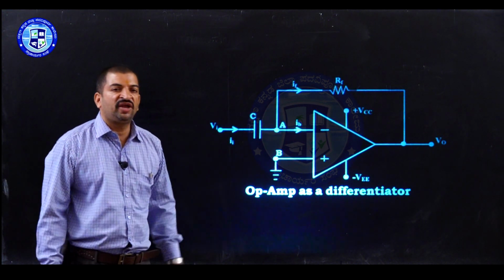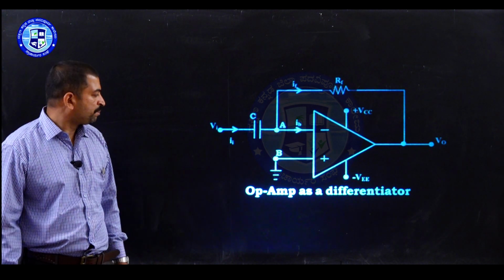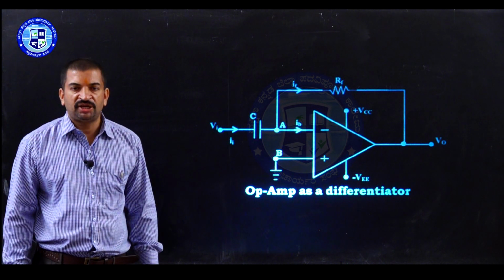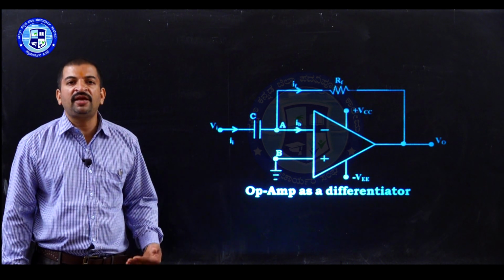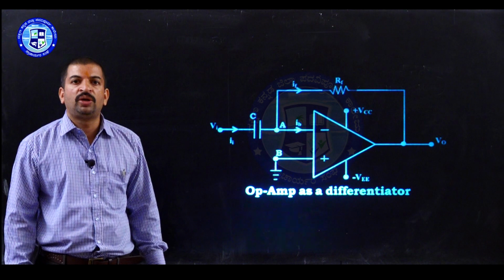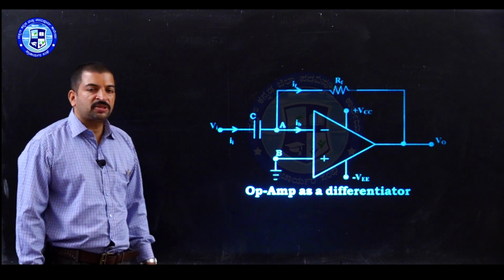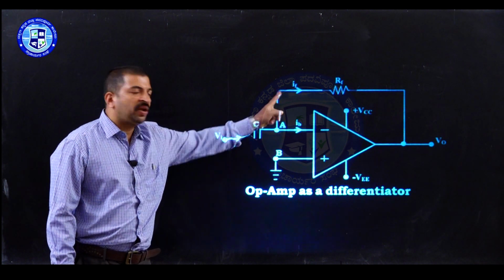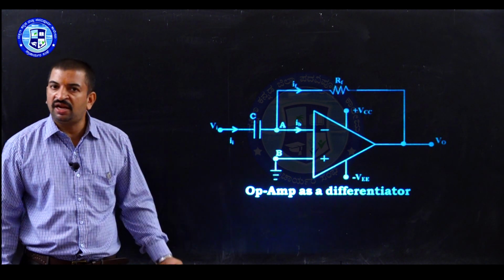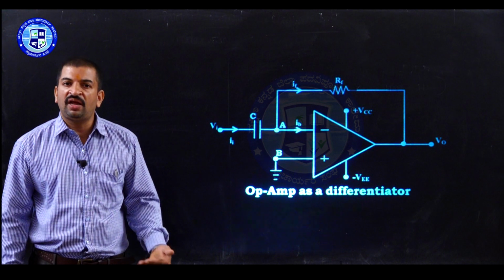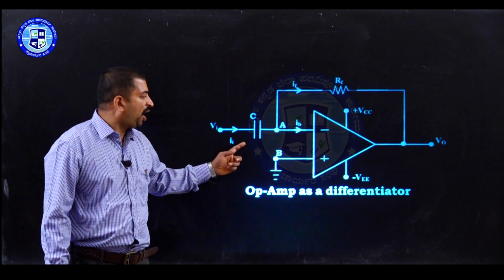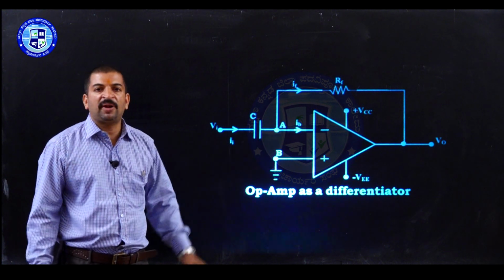Now, the expression for the output voltage can be obtained by applying Kirchhoff's current law to the node A. According to Kirchhoff's current law, II is equal to IB plus IF. II is the current entering the node A. IB and IF are the currents leaving the node. Therefore, we can write II equals IB plus IF.